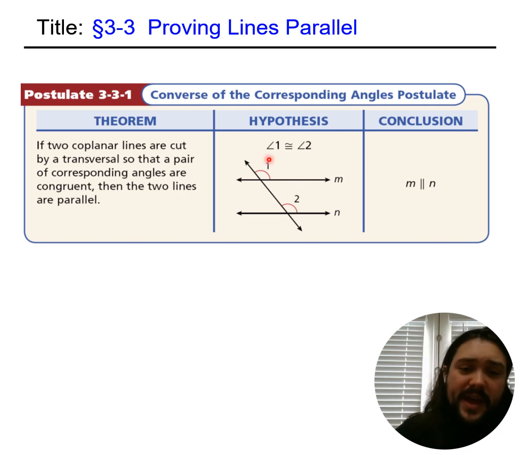So the converse of that: if they are congruent, then the two lines are parallel. So that's how we can prove that two lines are parallel: show them being cut by a transversal, and that congruence is proved from those corresponding angles. Now, technically, you can use other angle pairs to prove that they're congruent, but corresponding just happens to be the one for this one.